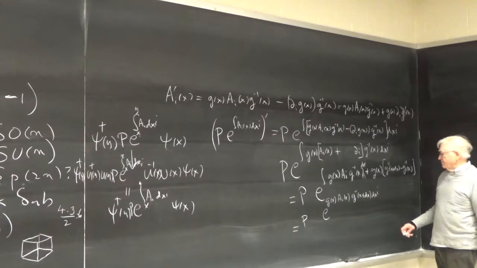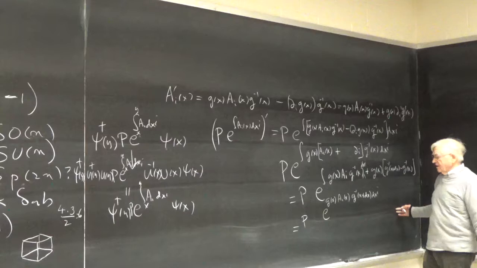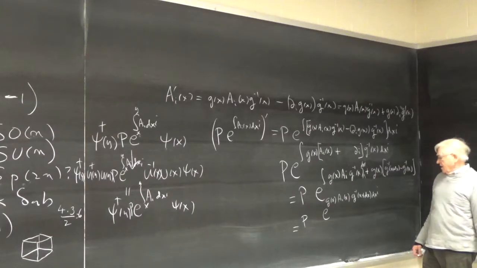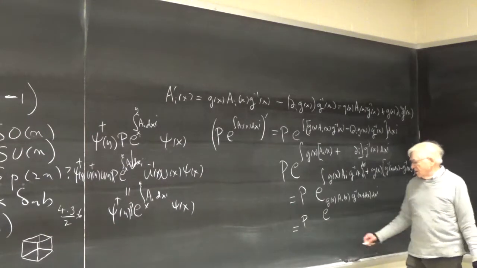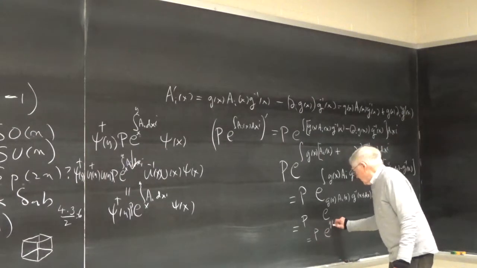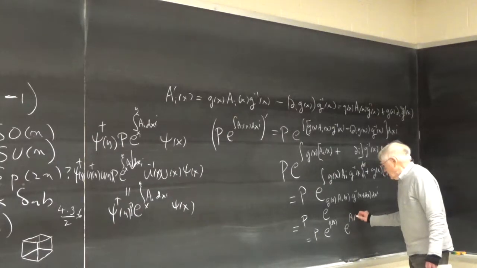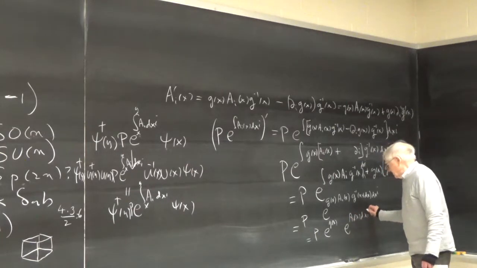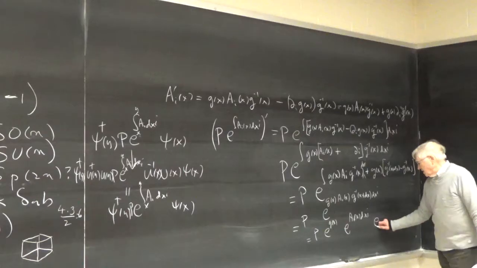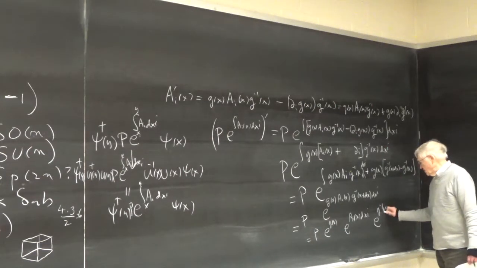So this whole thing we can rewrite as e to the g of x, e to the A_i of x dx^i, e to the g inverse of x plus dx.